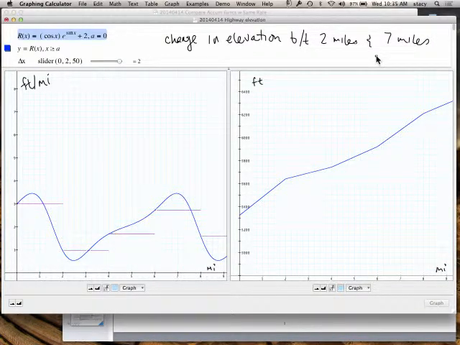Okay, so I want two different expressions that will describe the change in elevation between 2 miles and 7 miles.